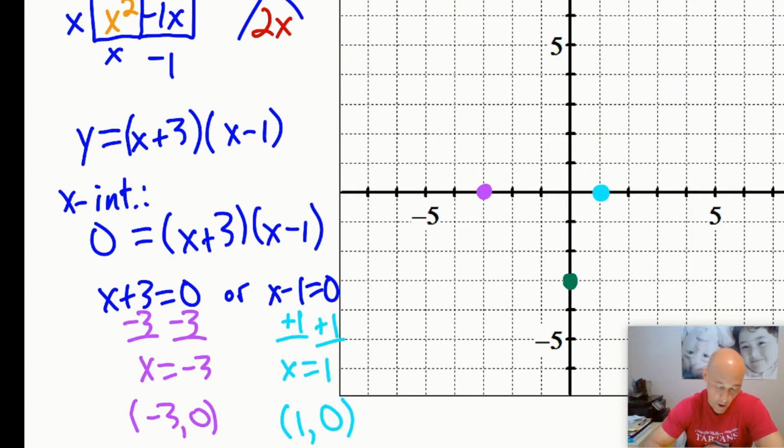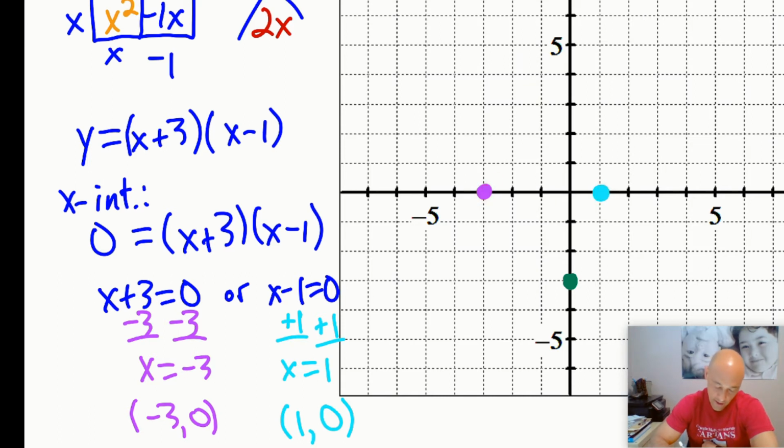Now we can use the property of symmetry, which says that right down the middle of this parabola, which is going to be a smile, is going to be the line of symmetry or the axis of symmetry. And it's got to be halfway between our two x-intercepts. Any 2 points that are at the same y value, well, the line of symmetry is halfway between them.